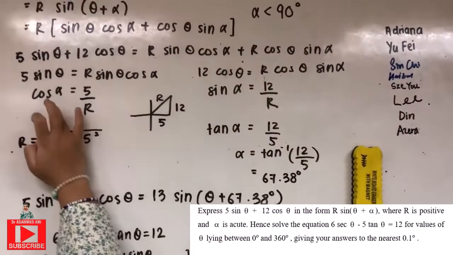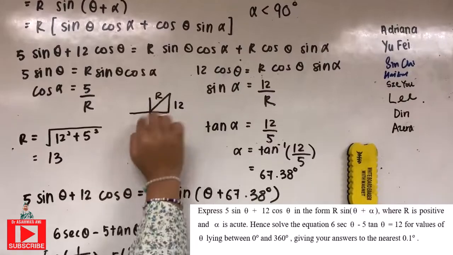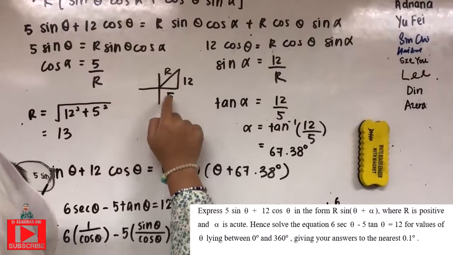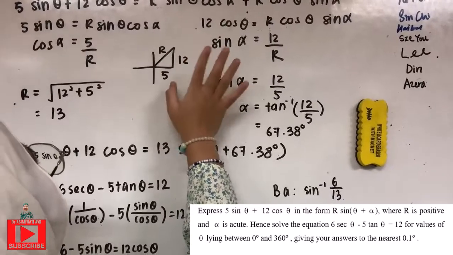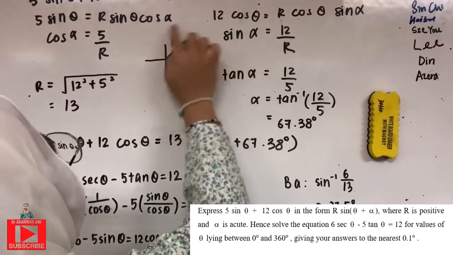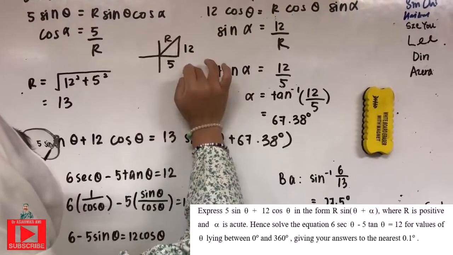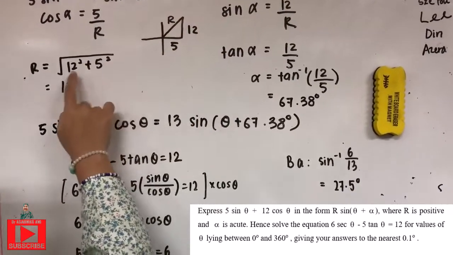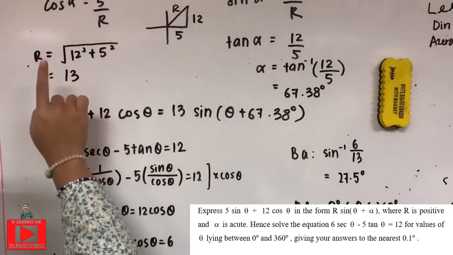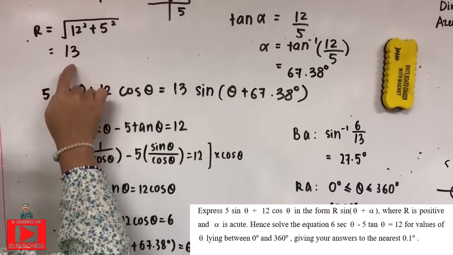And then from here we can draw our basic angle, where our adjacent is 5 and our opposite is 12. So from this diagram we can find r using Pythagoras theorem. So this is our value of r using Pythagoras theorem, we get 13.